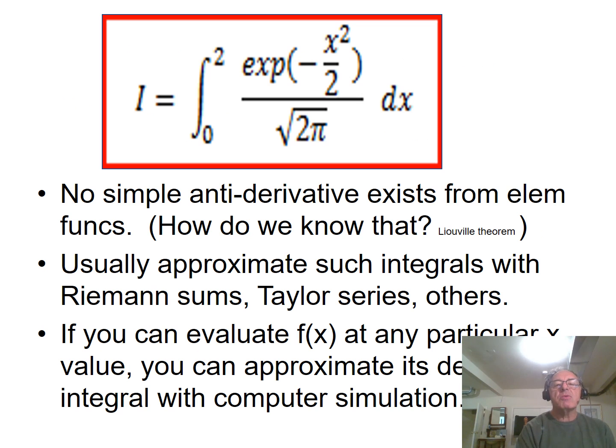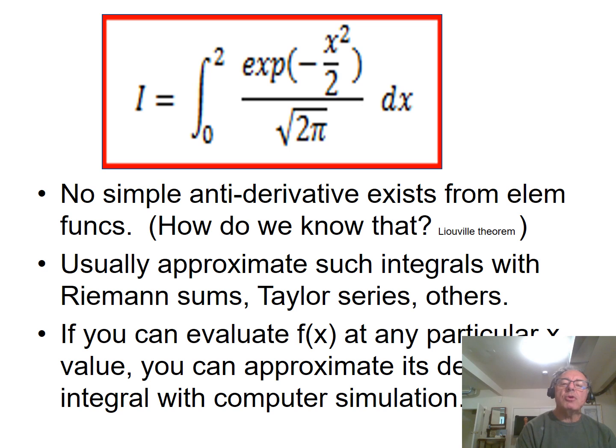So first, let's start with definite integrals. You may remember when you first started studying integral calculus that not every function has a simple antiderivative. And this is one of the classic examples. The integral of e to the minus x squared over 2 does not have a simple antiderivative.